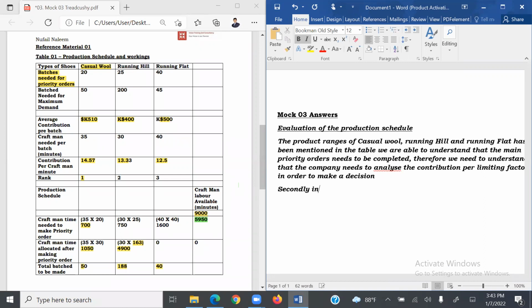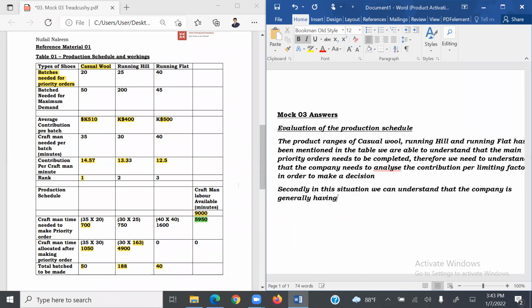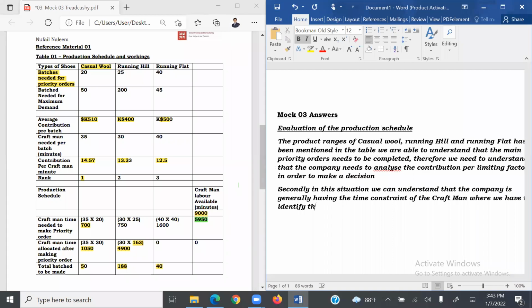Secondly, in this situation, we can understand that the company is having the time constraint of the craftsman, where we have to identify the contribution per limiting factor.